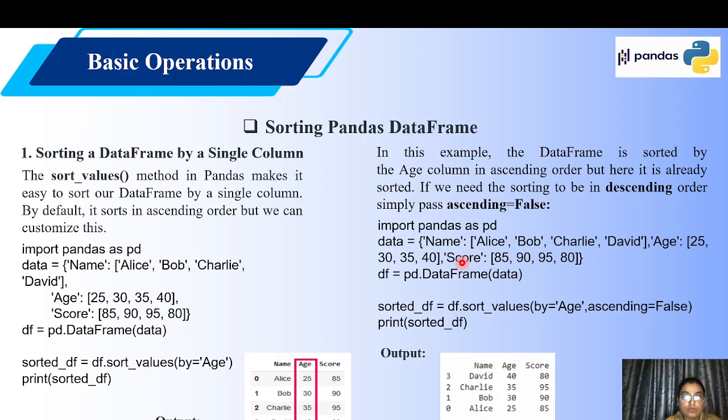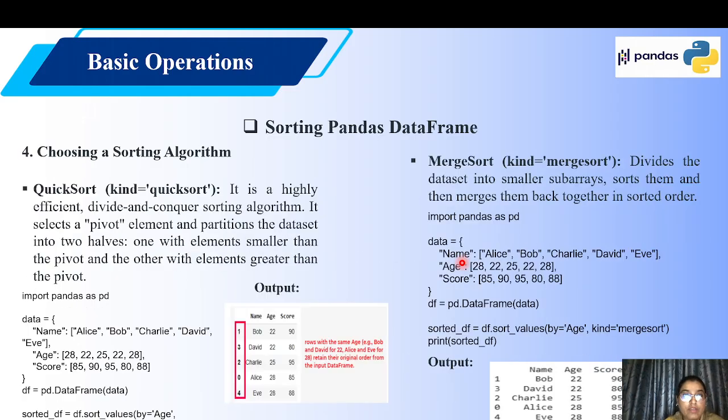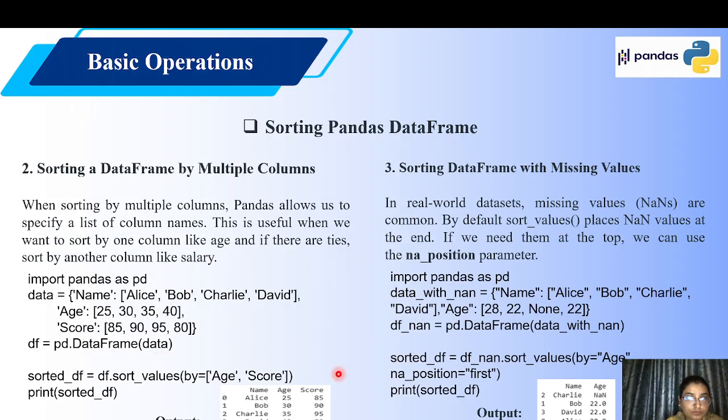So this is sorting. I want you to practice this. This PPT will be shared with you. So we will have sorting of a pandas data frame as well. These are some parameters for how you will sort values. When we have to sort a data frame by multiple columns, we create this data set and sort values.